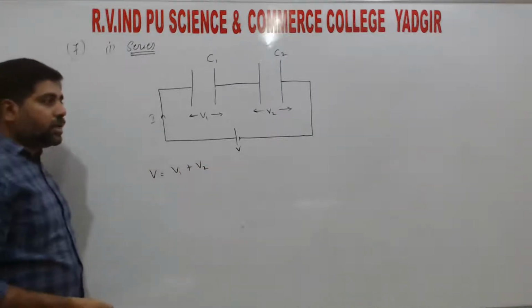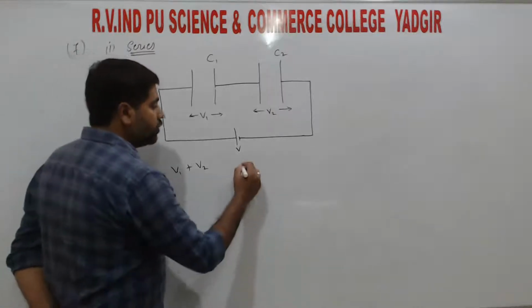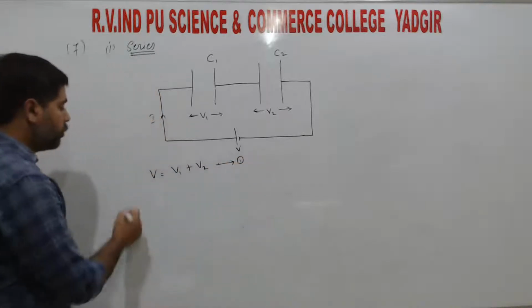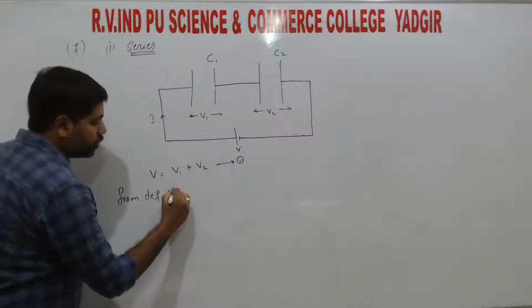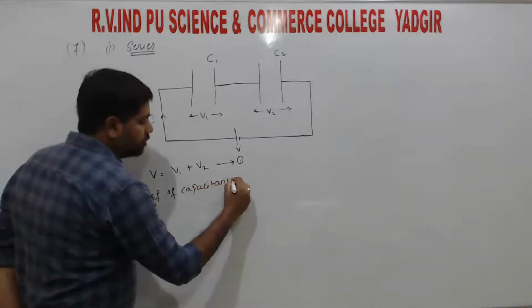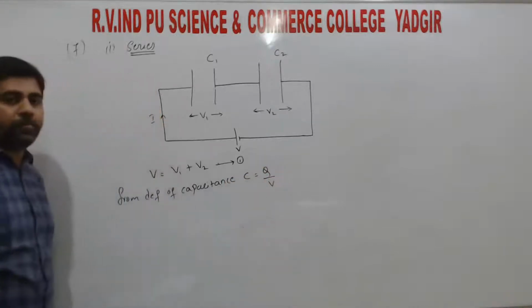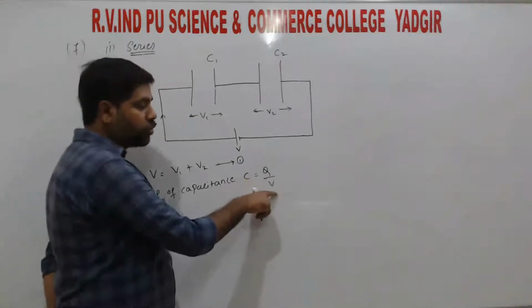We call this the first relation. Now from the definition of capacitance, C equals Q divided by V, right?